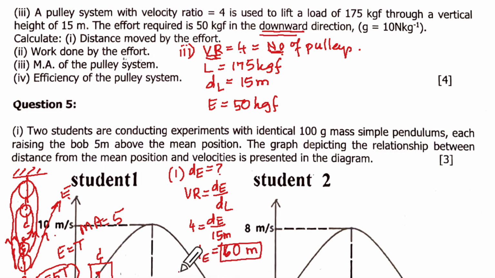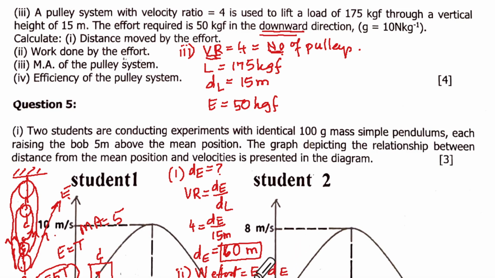Then we come to the second part. They are saying work done by the effort, which means it will be effort into displacement of effort. Can you see over here? The work will be in joules, so effort must be in Newton. So can I write 50 kgf?